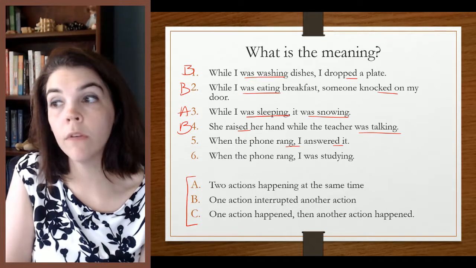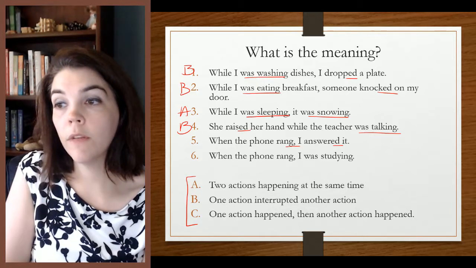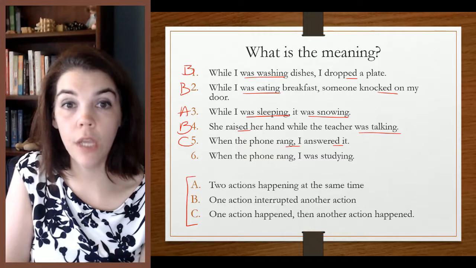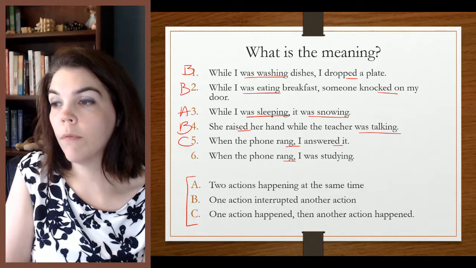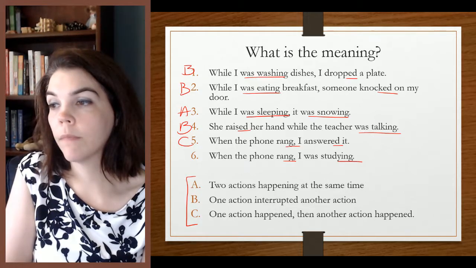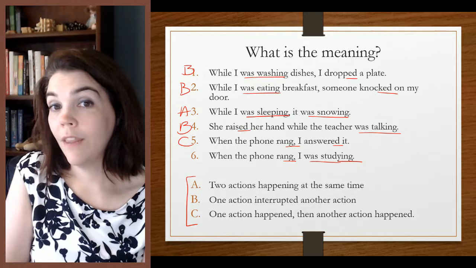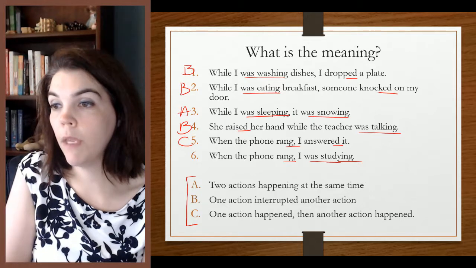Simple past, simple past. So this one is C. One action happened, then another action happened. All right, finally we have rang and was studying. Any thoughts? So this one is, again, B.